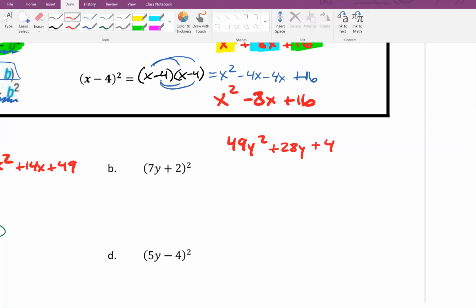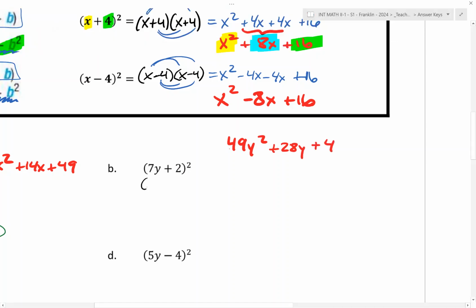Now let's see if that matches the work we do if we write it out. So 7y times 7y is 49y squared. 7y times 2 is 14y. 2 times 7y is 14y. 2 times 2 is 4.